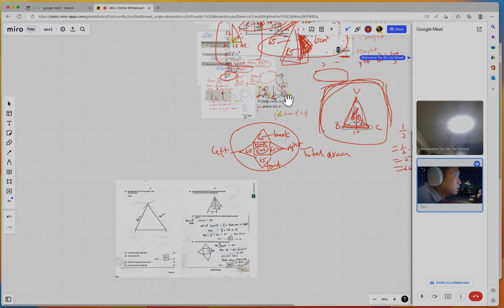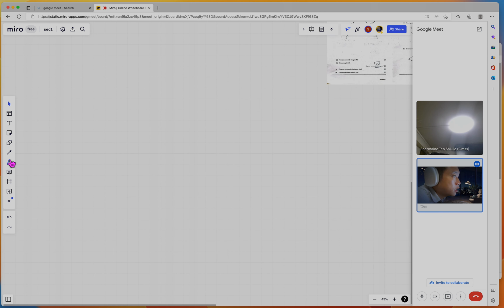Just now we have the inequality question. You made the mistake of changing the inequality sign without dividing by a negative number, right? You remember? Just now it's like this: 4x is bigger or equal to 8.